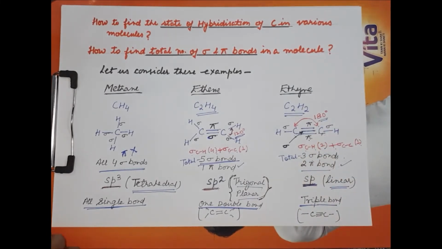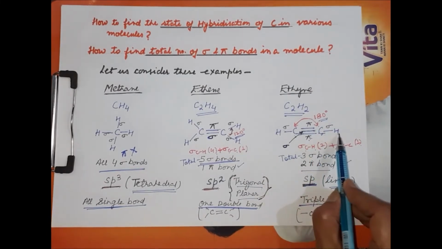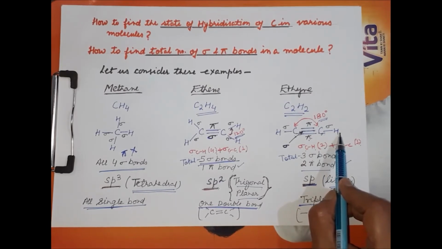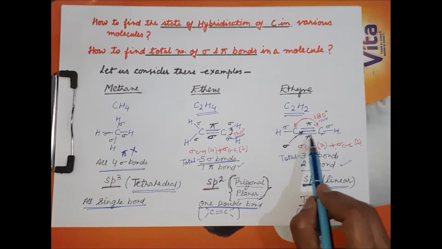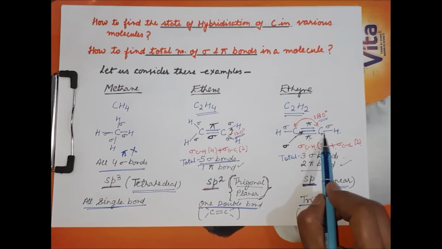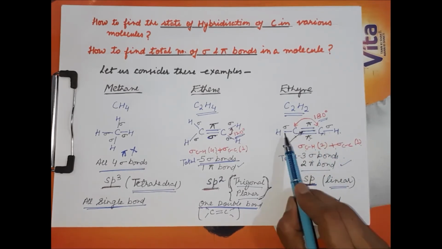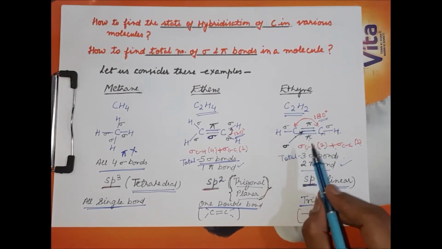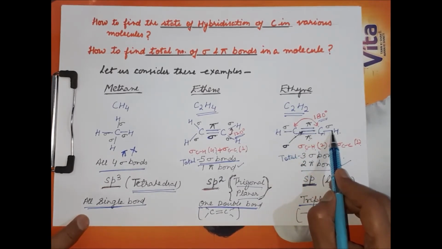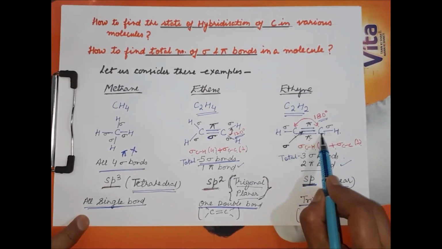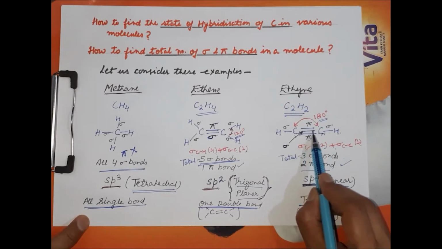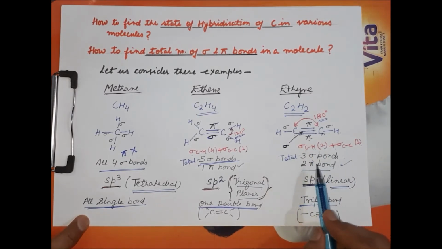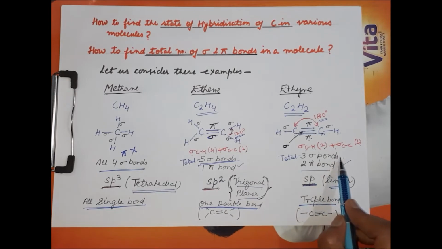So once again I will repeat. First we can write this ethyne molecule like this. There is a triple bond between these 2 carbon atoms. This is attached to hydrogen by a single bond, and this is attached to hydrogen by a single bond. So the sigma bonds between carbon and hydrogen are 1, 2. The sigma bond between the 2 carbon atoms is this one, 1. So the total number of sigma bonds is 3.